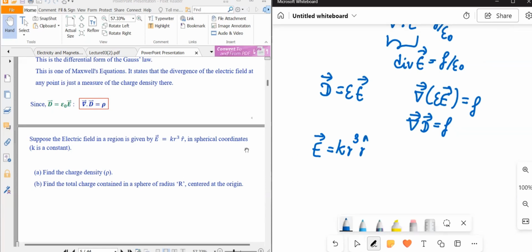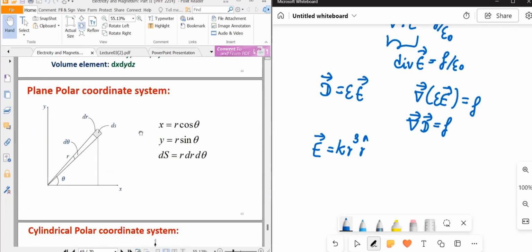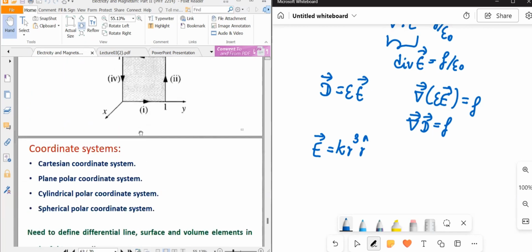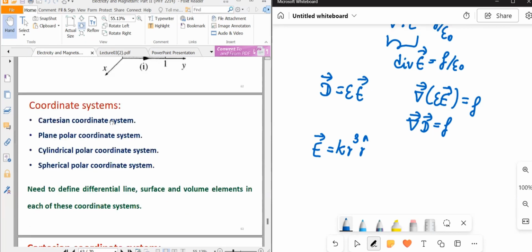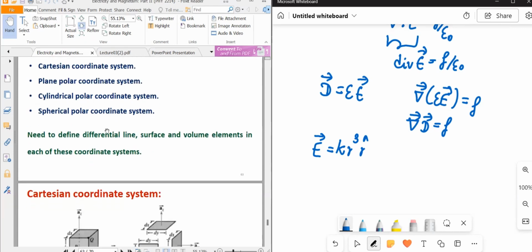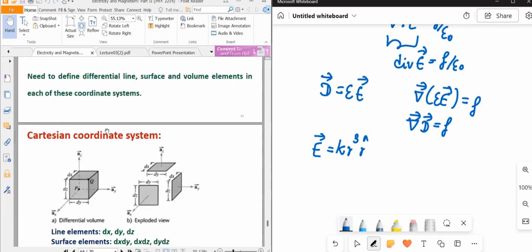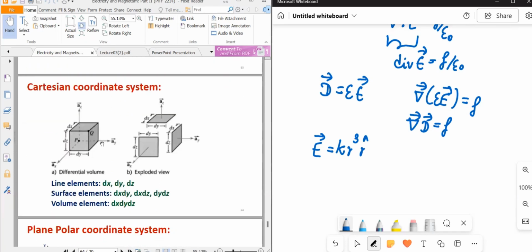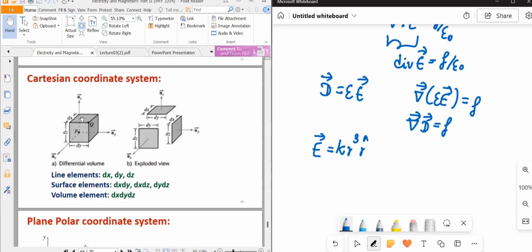So now here we need to use the spherical coordinate system. Most of the time we are using the Cartesian coordinate system, in which we have x, y, and z components.